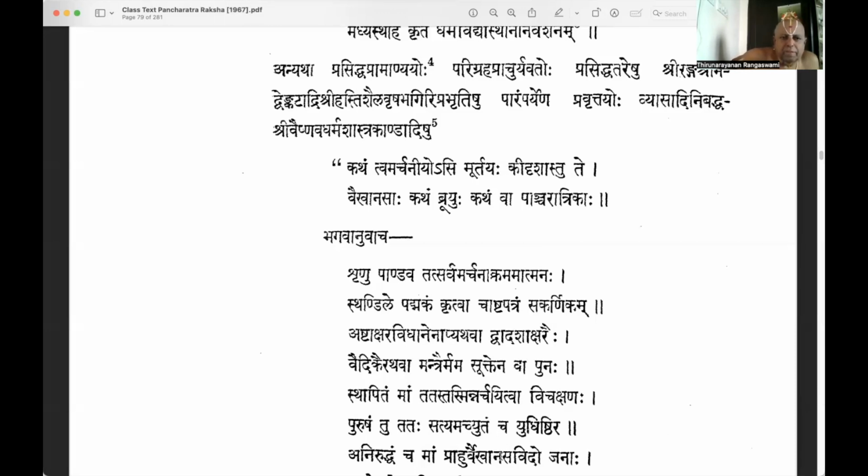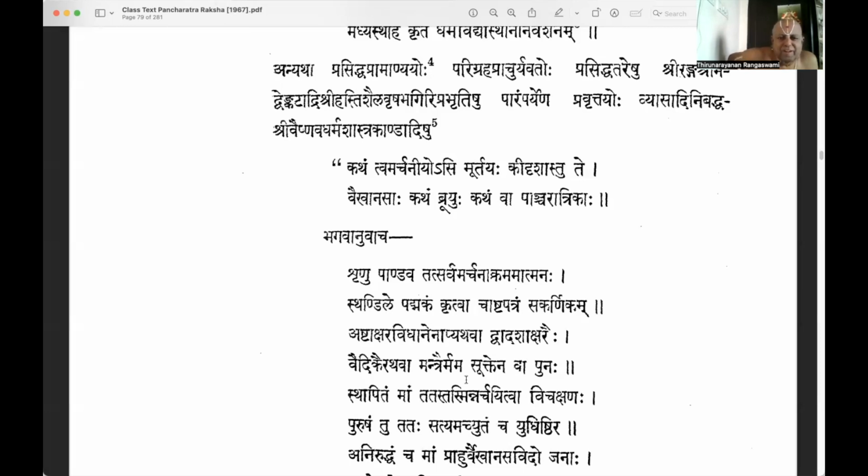Vyasadi Nibaddha Sri Vaishnava Dharma Shastra Kandad. Vedavyasa has written a book called Sri Vaishnava Dharma Shastra Kandam. It's a chapter on Dharma Shastra, especially on Sri Vaishnava Dharma Shastra. So there are more books also, just like Vyasa's creation. And he is asking the question directly to Lord Sriman Narayana.